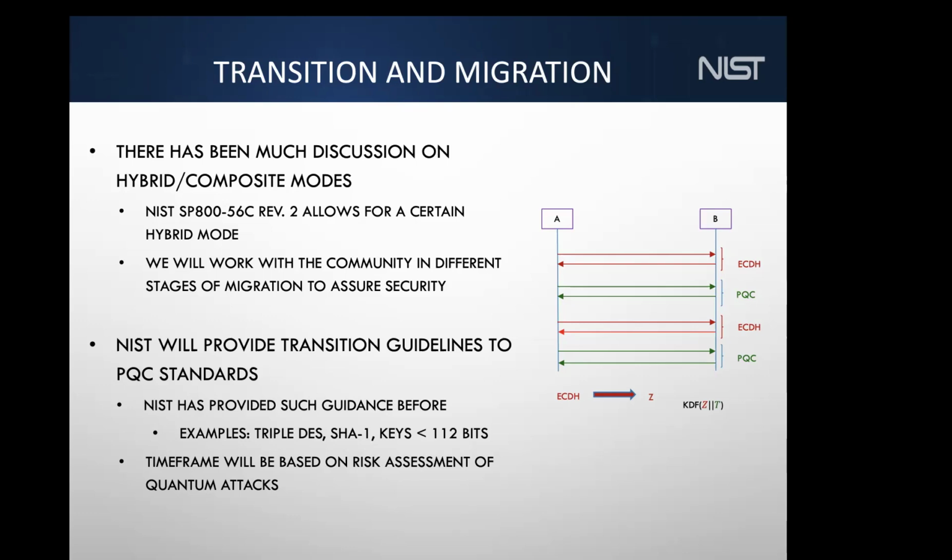Now, there's been a lot of talk on one transition strategy that's known as a hybrid or a composite mode. And that's the idea that you are going to use a post-quantum algorithm with a current algorithm that we use today. And so there's some reasons for this.